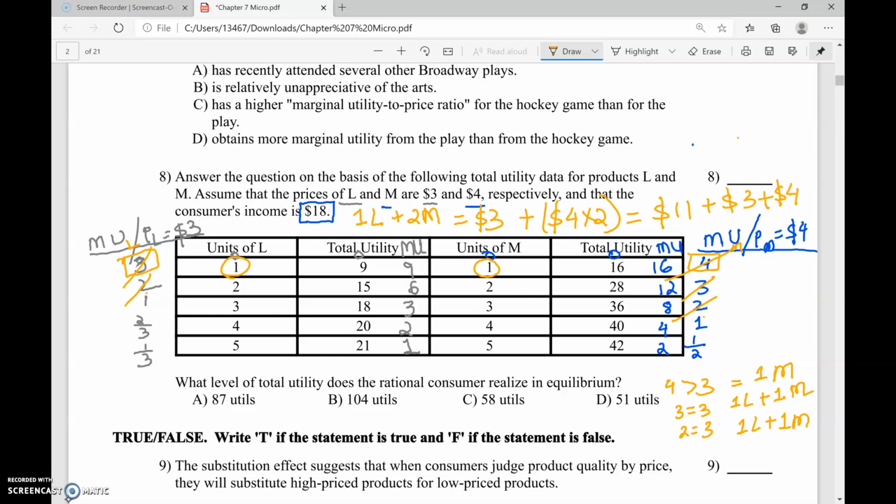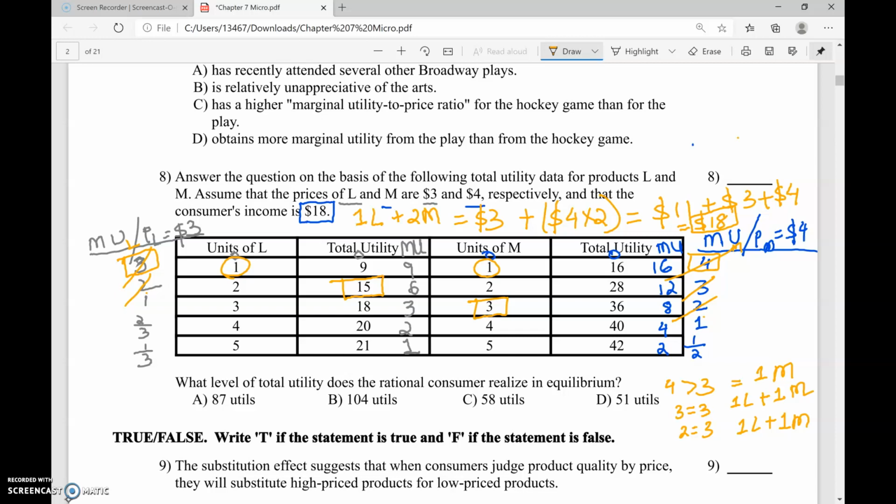So looks like the consumer has exhausted all his income, and that's going to be the solution here. So basically the consumer is consuming 3 units of M and 2 units of L.